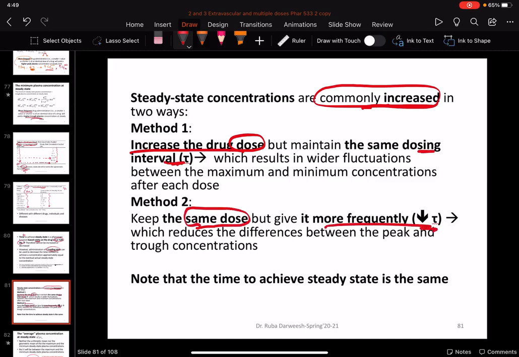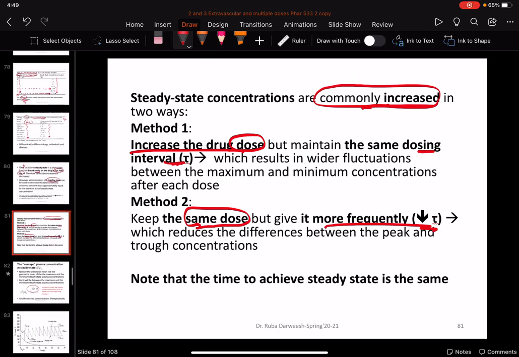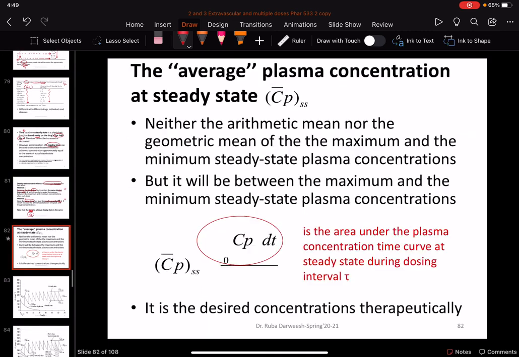It depends on the case, and sometimes we could change both of them to get the concentration that we are interested in. And again, the time to reach the steady state is not changing, not in here and not in here.